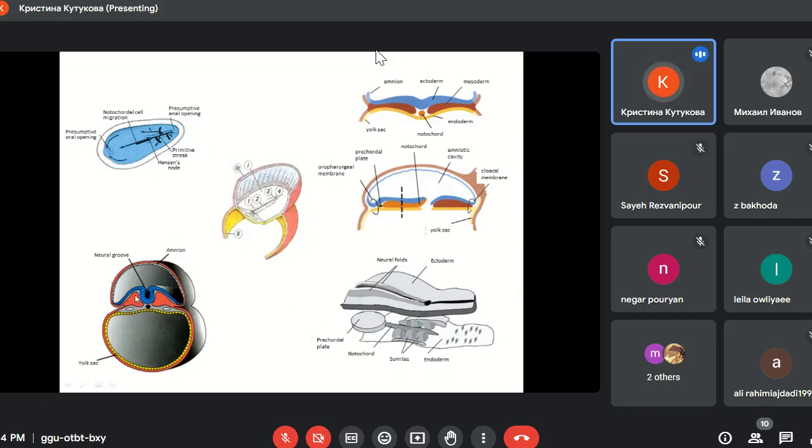So somites are these areas, larger areas of mesoderm. These smaller are somite stalks, and lateral plate mesoderm, it is here. It consists of two layers, upper and lower.